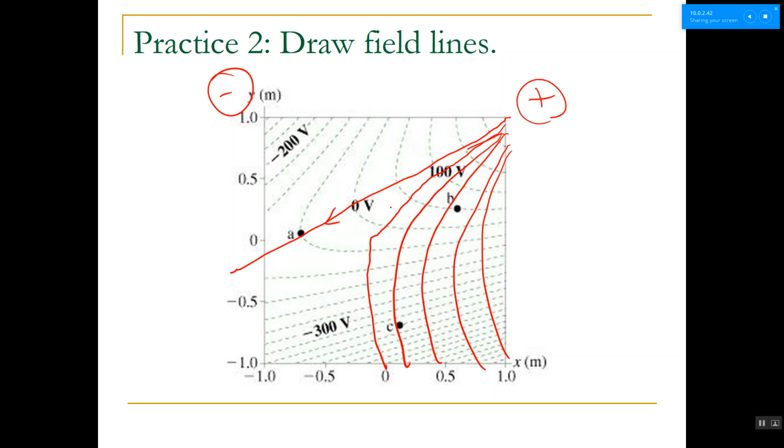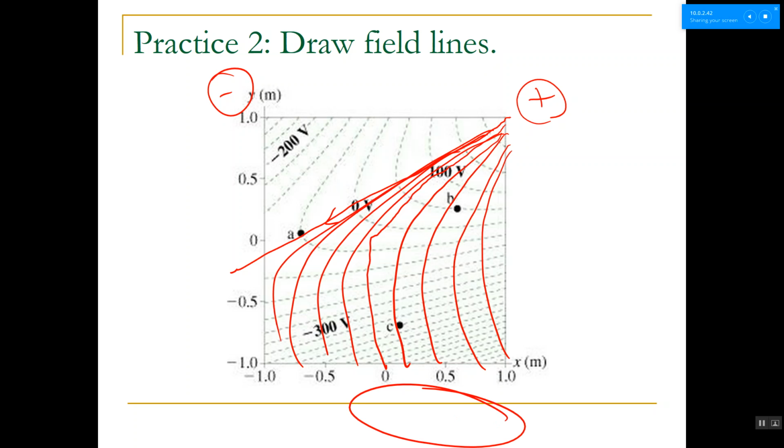So look where all those electric field lines are going. So what's going to be down here? Yeah, negative charges. The same thing up here. So you should have something that looks like that.